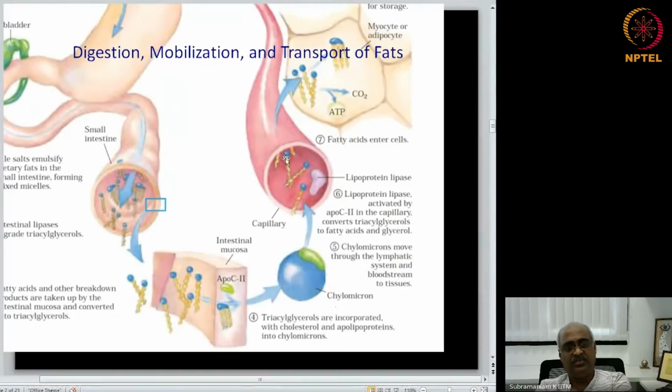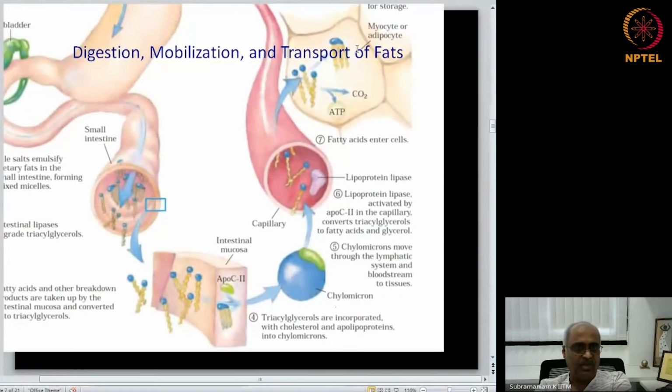So you see here a free fatty acid, one carboxyl group on the tail. And these are then transported into the cells, like either muscle cells, myocytes, or adipocytes, where fat is going to be stored. And there, either they are going to be oxidized by beta oxidation, which we will discuss tomorrow, to carbon dioxide and ATP, or again re-esterified into triacylglycerol and stored as storage fat.